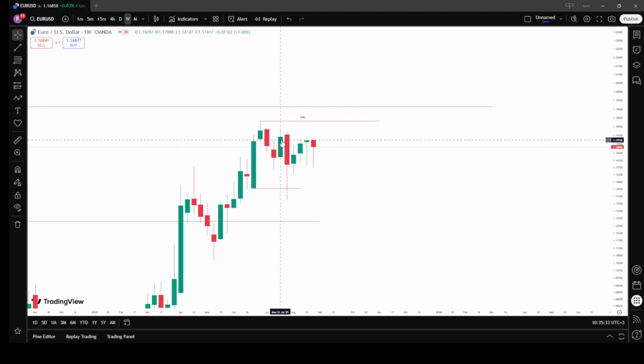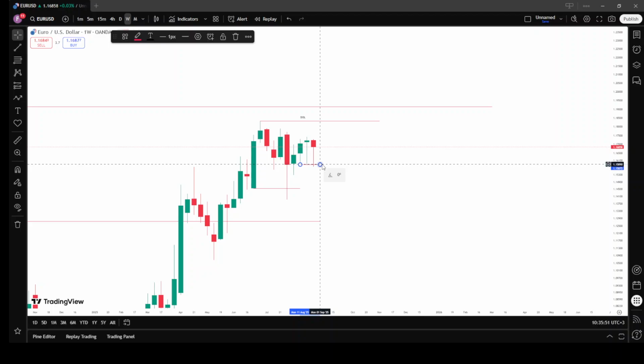So there is a close above the equilibrium, or above the 50% of the body of this candle. So probably weekly we are targeting higher prices. I don't expect price to come back to this low because this weekly low has been taken out.